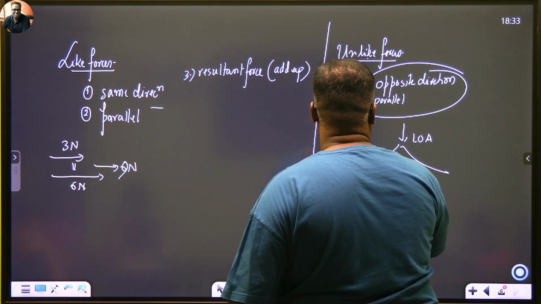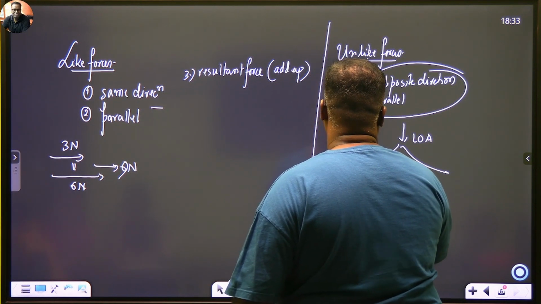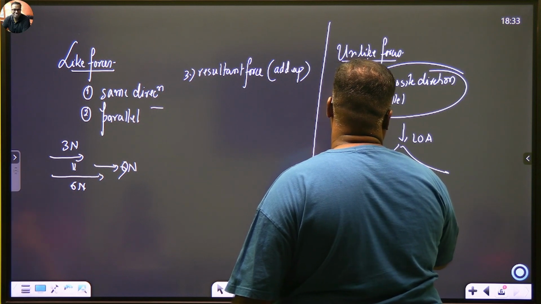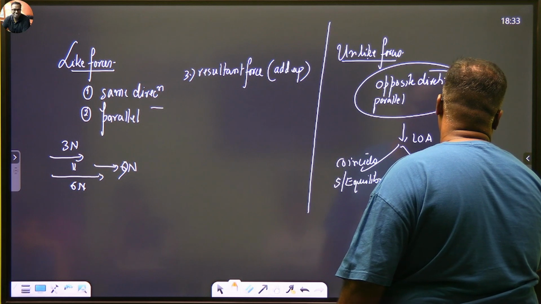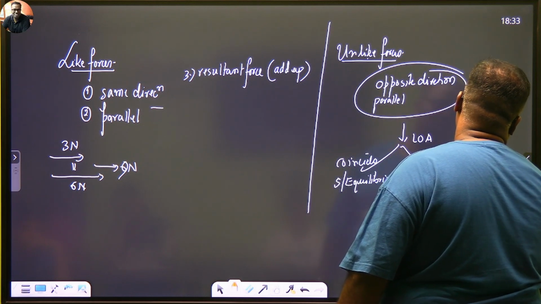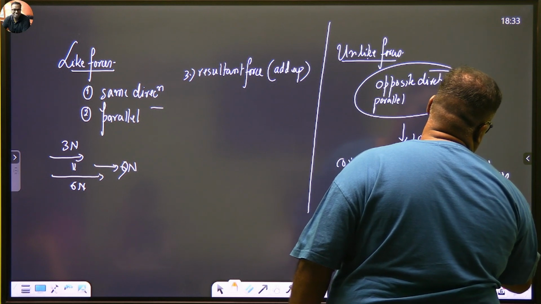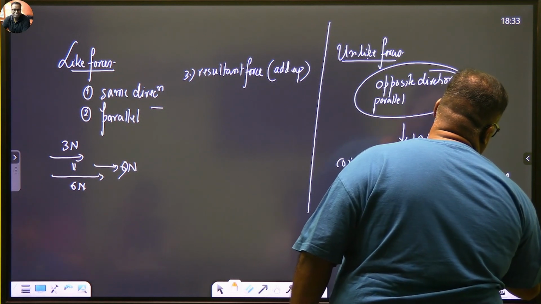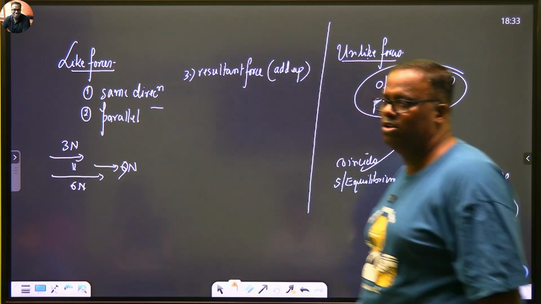Coincides, then there is stable equilibrium. No movement. Does not coincide, then there is rotation. And rotation about, see, these will not come in your exam, but you should know words like pivot and all.